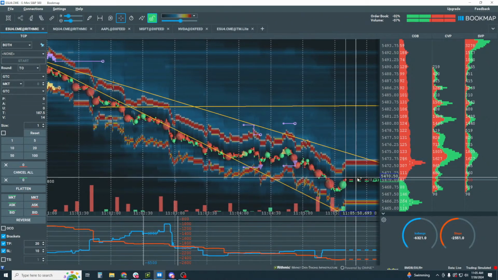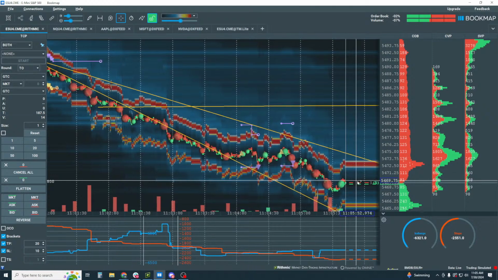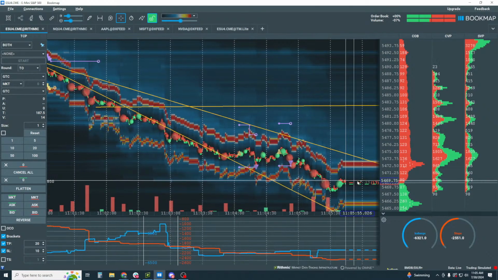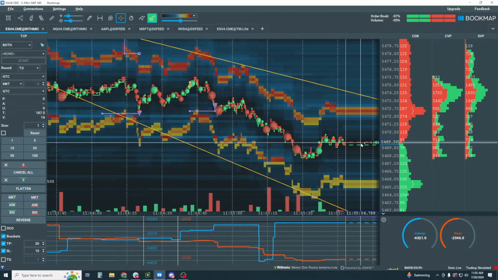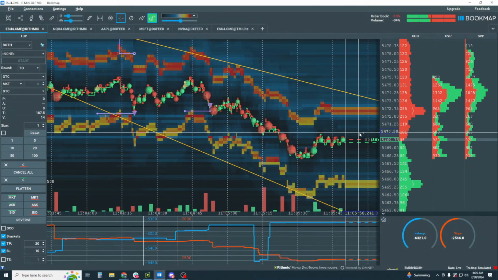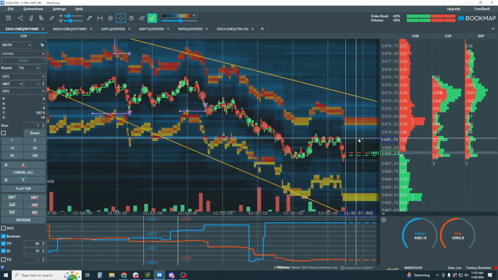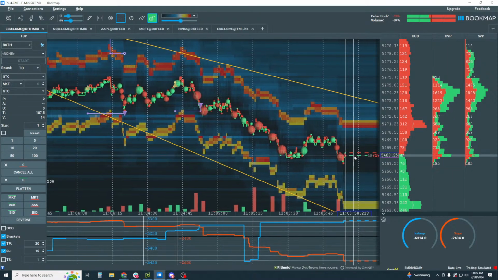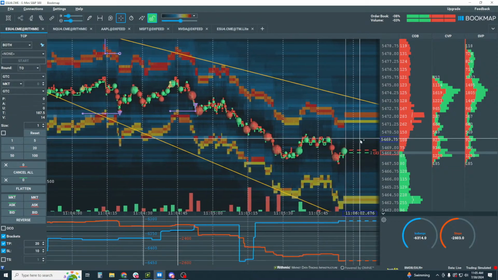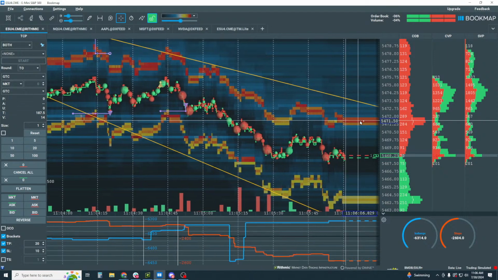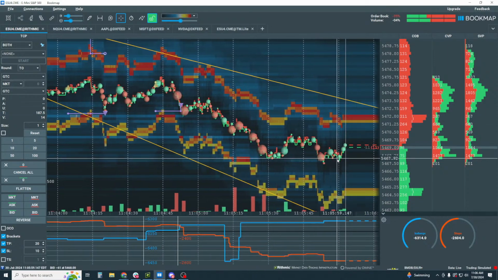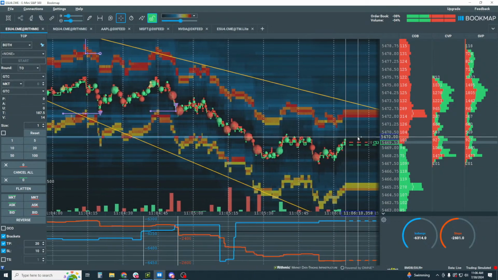Again. Still more sellers. Okay, there's some exhaustion, some buyers here.